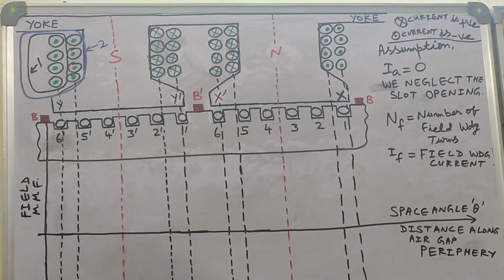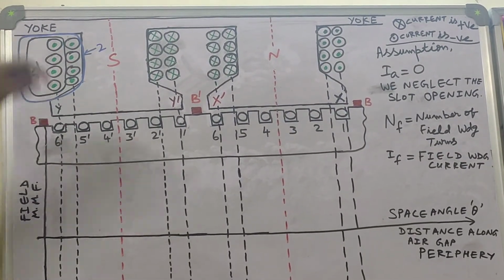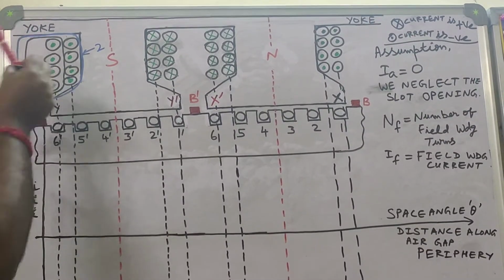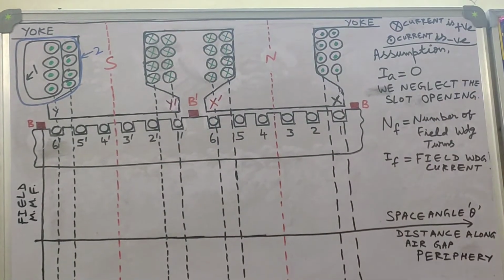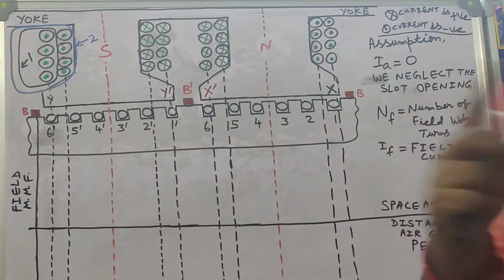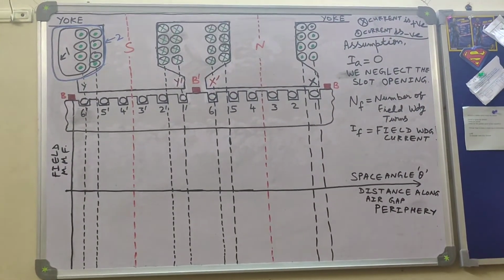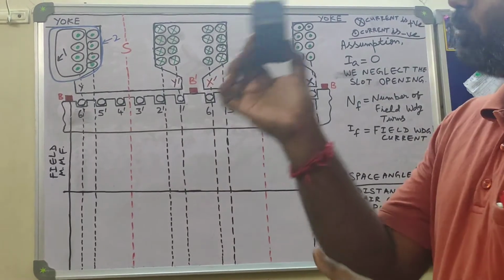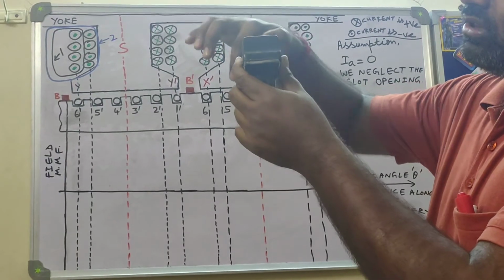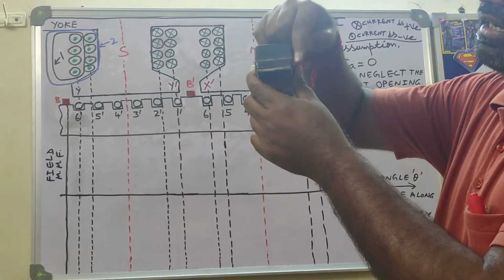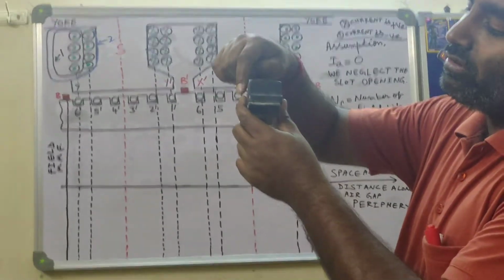Along path number 1, how much is the current enclosed? First you count the number of conductors. Please recollect that I said earlier that if N_F is the total number of field winding turns, then, if this is our field pole and I am placing N_F turns on this field pole, N_F conductors will be present on this side and also N_F conductors on this side.